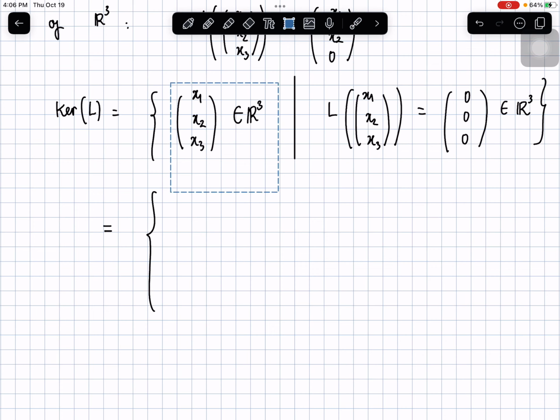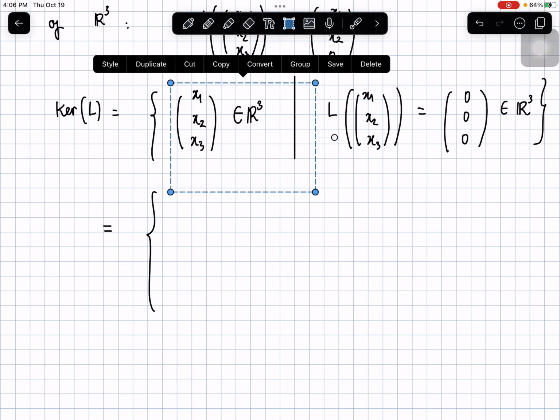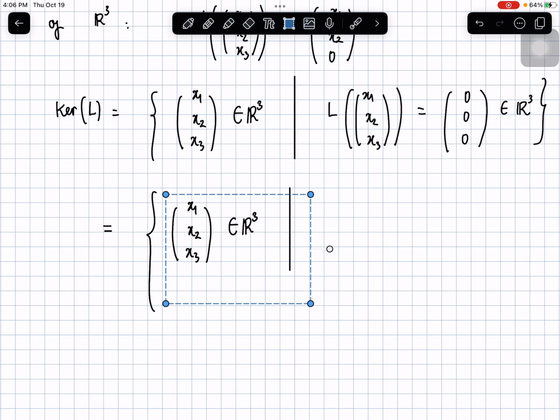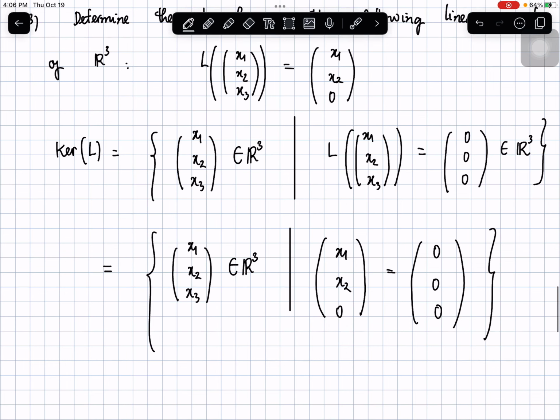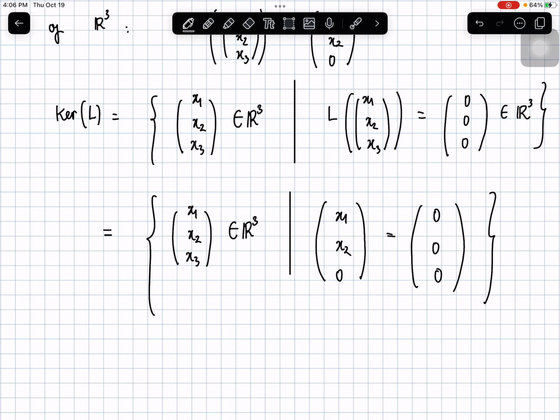we still have this x1, x2, x3 such as that. So use the definition of F. We have F of x1, x2, x3 is x1, x2, 0, equal to 0, 0, 0. And what is this?